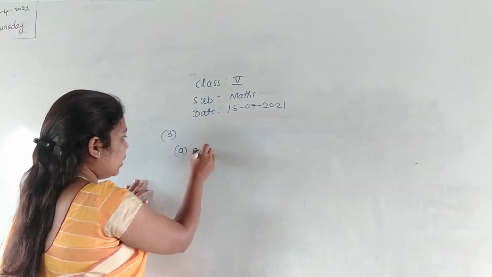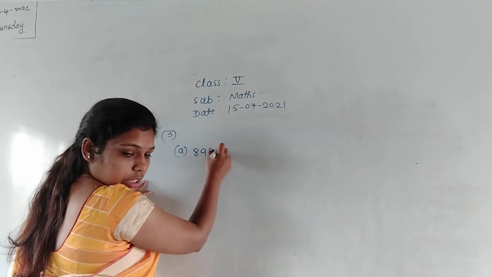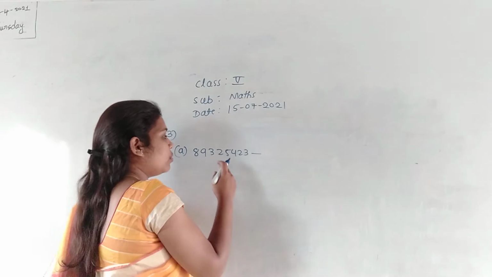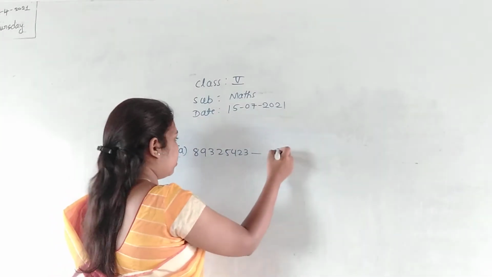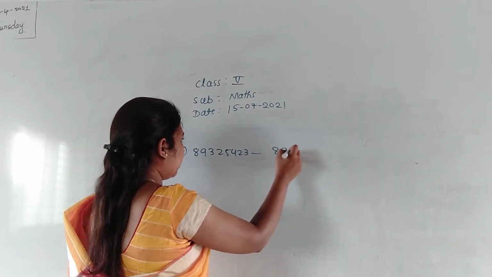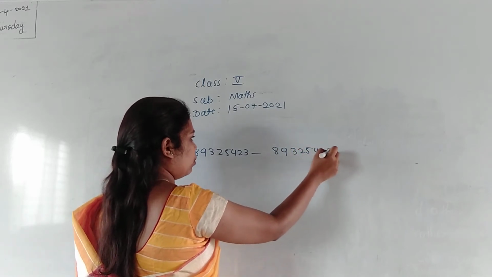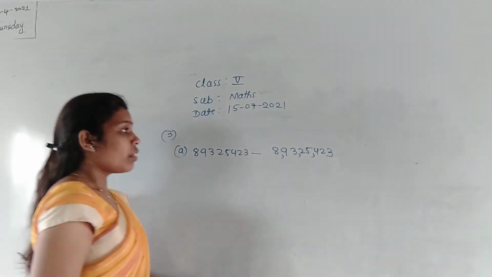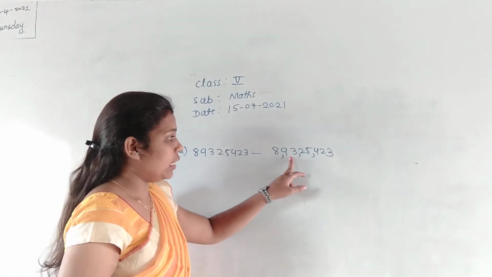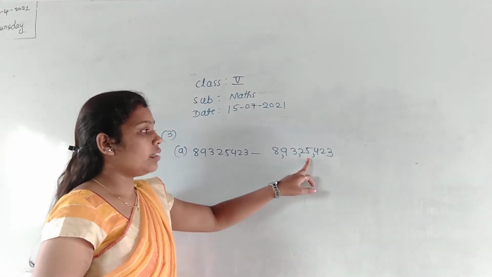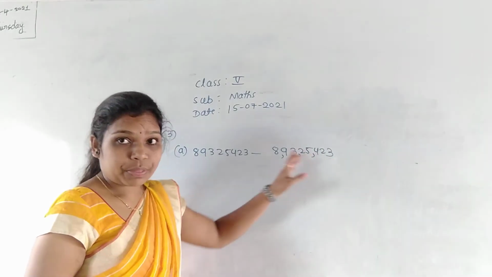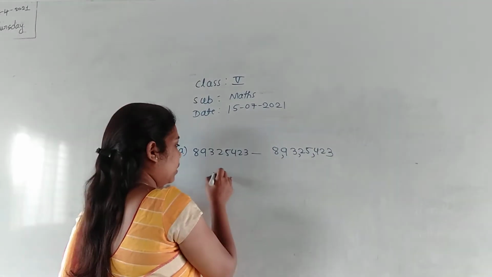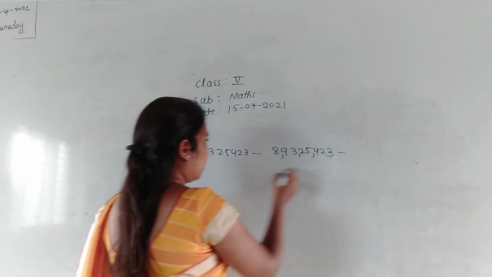The number is 89325423. How to write it after putting commas? See here, that is 8 9 3 2 5 4 2 3. Put a comma here. So it will be there. How to read this number? 8 crore 93 lakh 25,423. How to write the number name? See here, I'll write here.